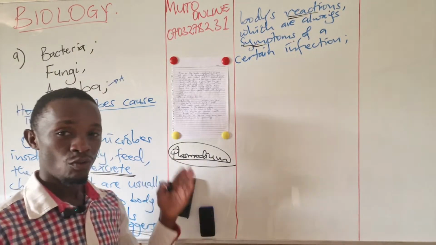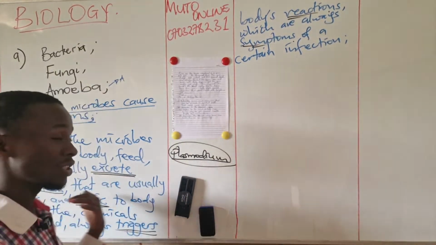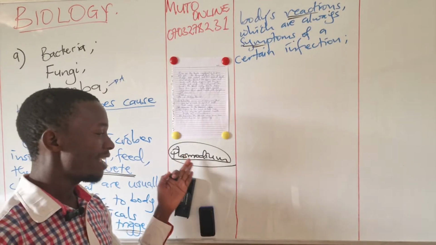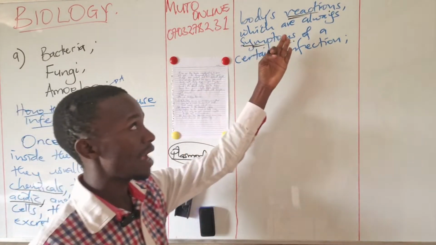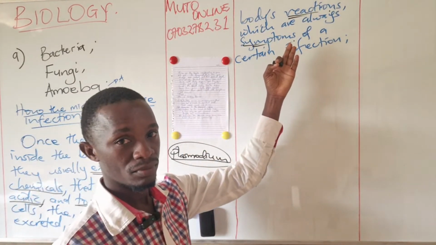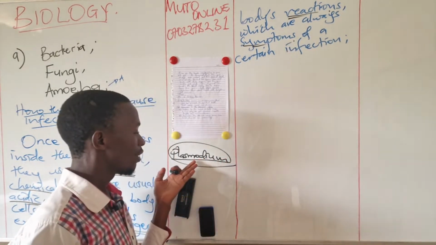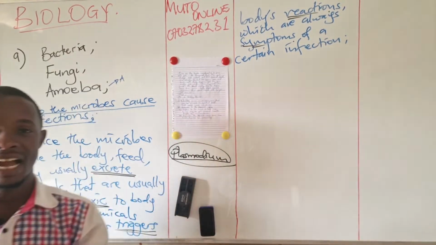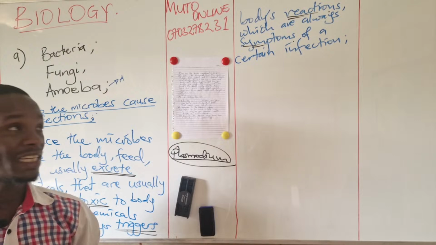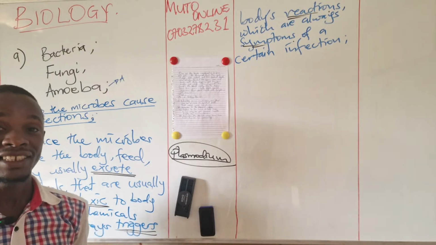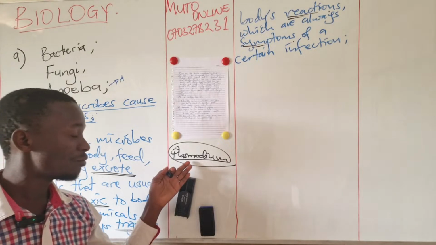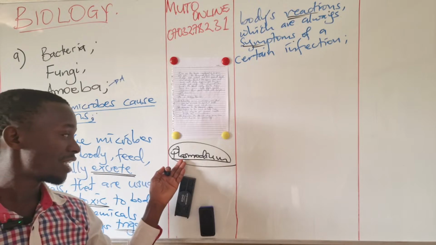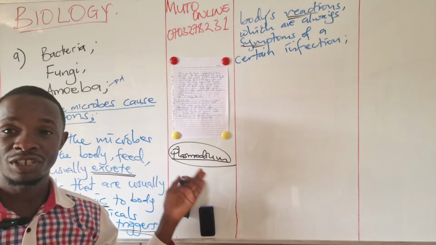And once these chemicals are detected by the receptors in the blood, they always trigger a reaction by the body. The reactions that the body will carry out will be the symptoms of malaria, like increase in temperature. The body is trying its best to kill these plasmodium parasites in the red blood cells. Through increasing temperature, these plasmodium parasites cannot accommodate.